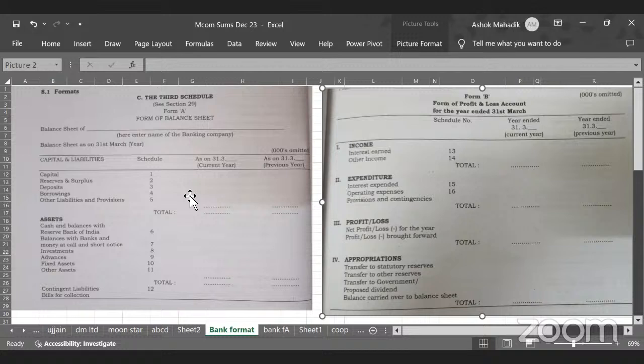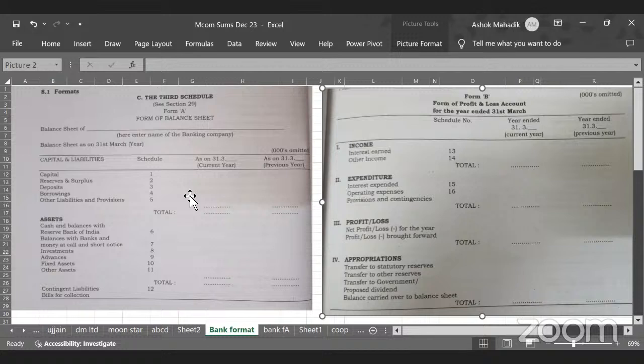Schedule 6 is for cash and balance with RBI, schedule 7 for balance with banks and money at call and short notice, schedule 8 for investments, schedule 9 for advances and loans, schedule 10 for fixed assets, and schedule 11 for other assets.